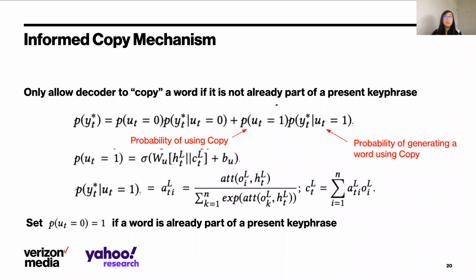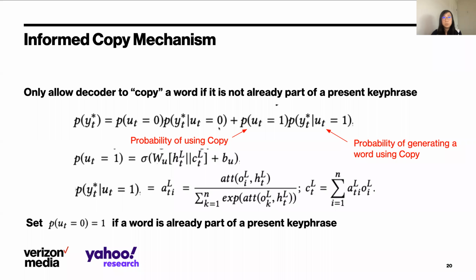And then here we have this informed copy mechanism. So the overall idea is to only let the decoder copy the word if the word is not already part of a present key phrase. So here, this formula basically presents the probability of generating a word. And it has 2 components. In a traditional generative model, it will only have the first part, which is the probability of generating this word not using copy.